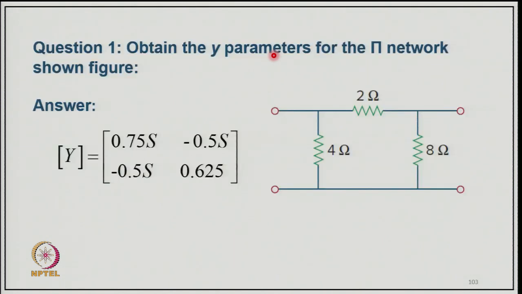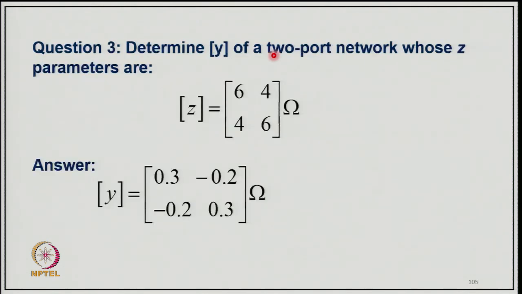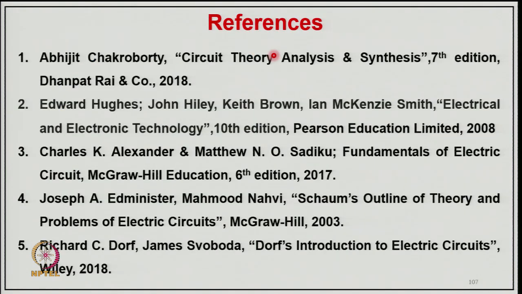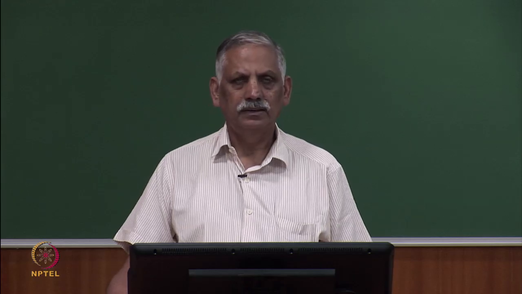So, these are some unsolved problems which you can exercise in the same way, and these are the references from which we have developed this lecture material. Thank you very much.